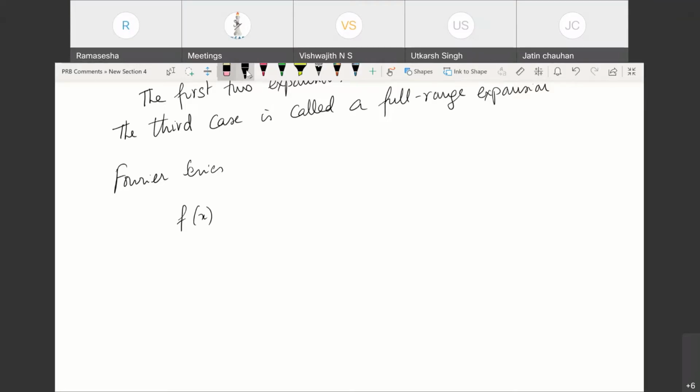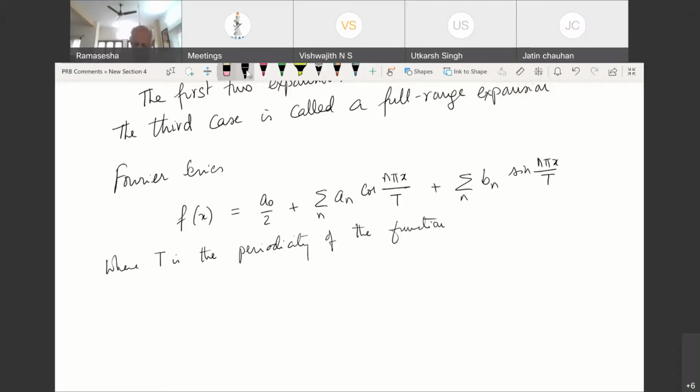Now you see, I can write this down. You remember Euler's formula for cosine and sine functions? What is e to the power i theta equal to?